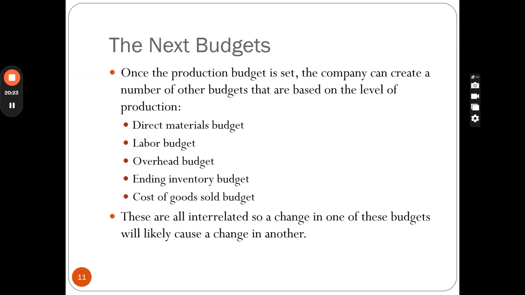Other budgets we have to prepare after the production budget is set. The company can create a number of other budgets that are based on the level of production. So how many units you are going to produce, based on that you will determine how much material I need, how much labor cost is required, what will be my overhead, what will be the budget of ending inventory, and finally what will be the cost of goods sold.